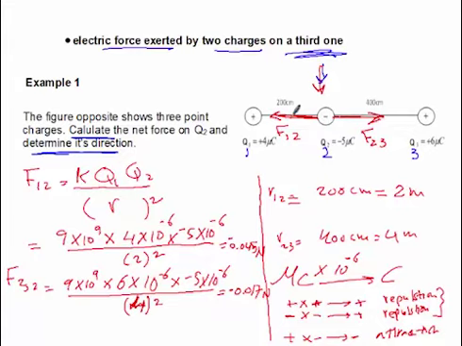Now, how to get the resultant of these both? As you know, from the vectors, you have one force to the right, the other to the left.